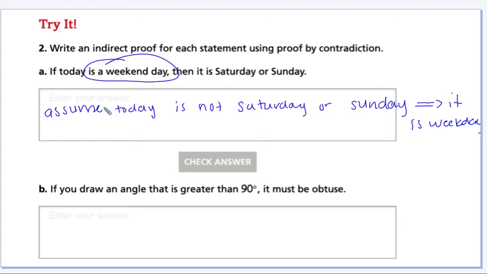All right. So next one, if you draw an angle that's greater than 90, it must be obtuse. So again, start off by saying that we assume the angle is not obtuse.